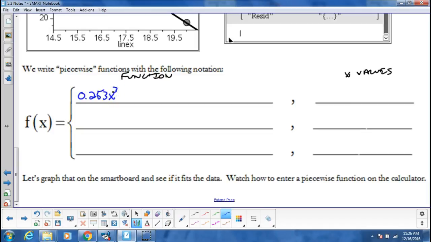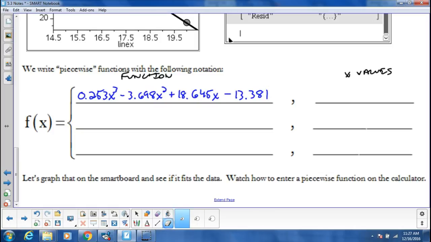So, in this particular one, it was 0.253x cubed minus 3.698x squared plus 18.645x minus 13.381.